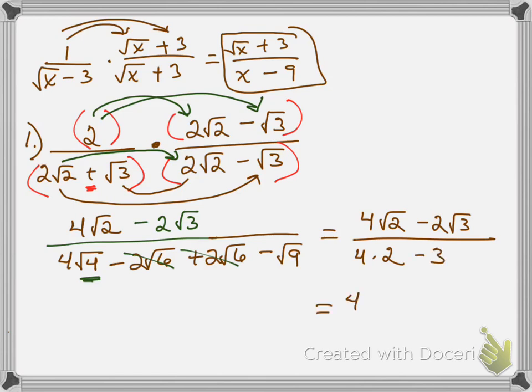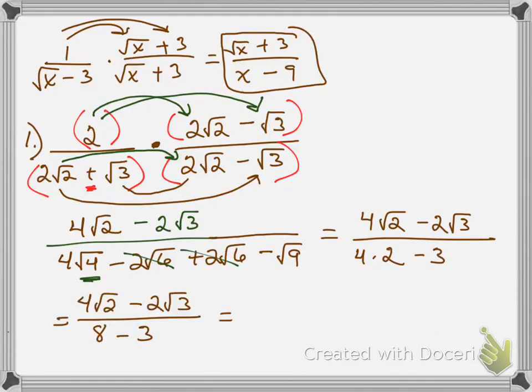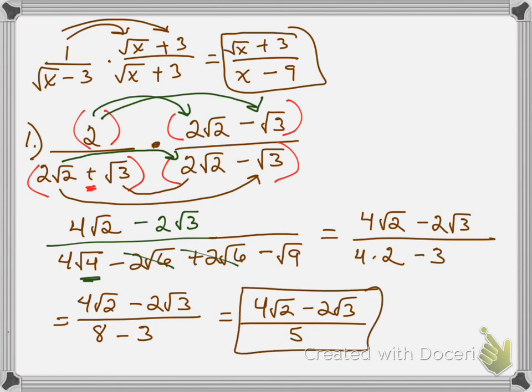So we have 4 square root of 2 minus 2 square root of 3 over 8 minus 3, which is 4 square root of 2 minus 2 square root of 3 over 5, and that's your answer.